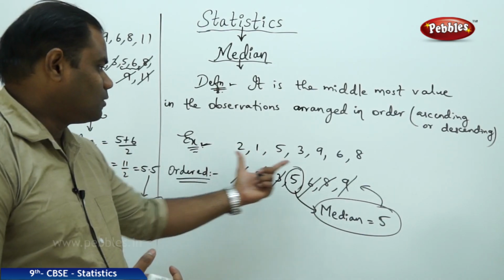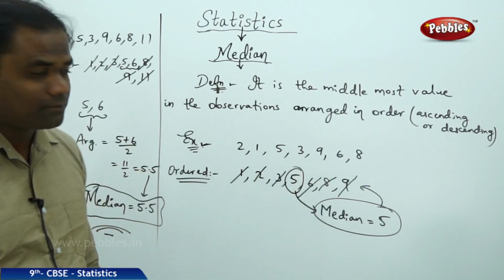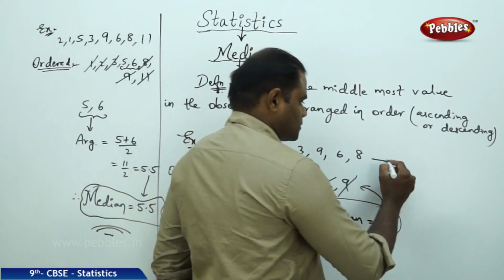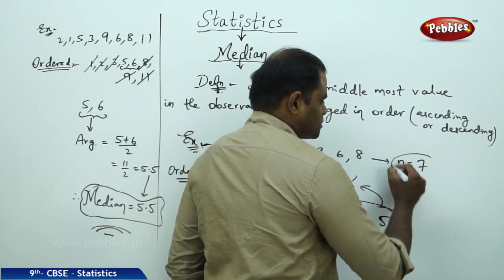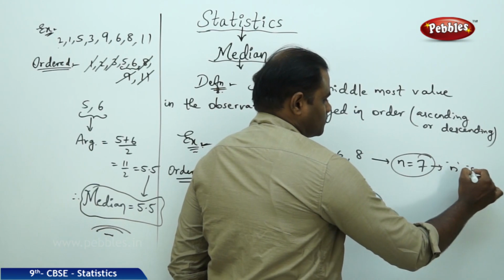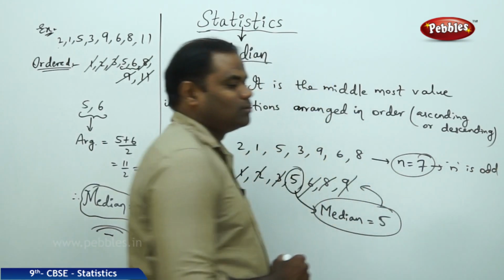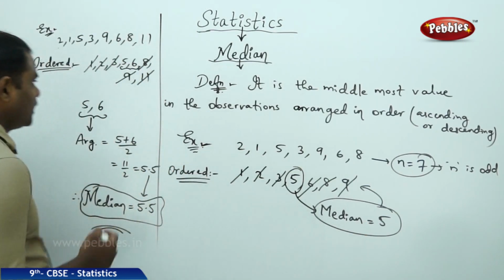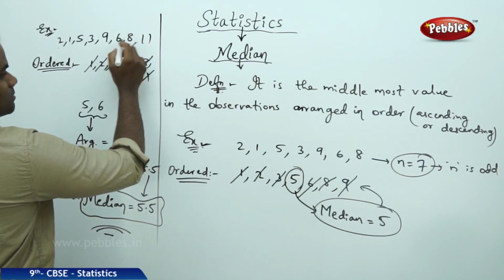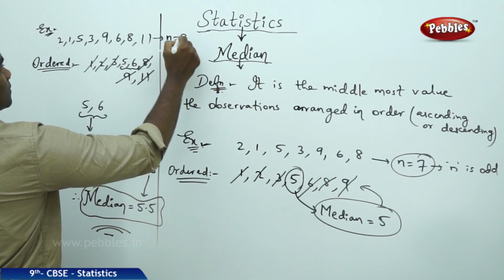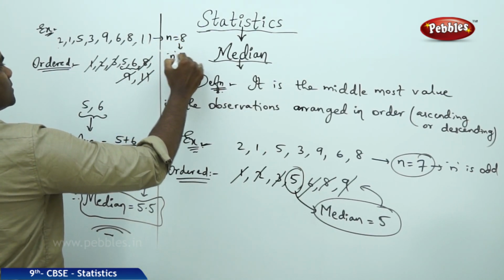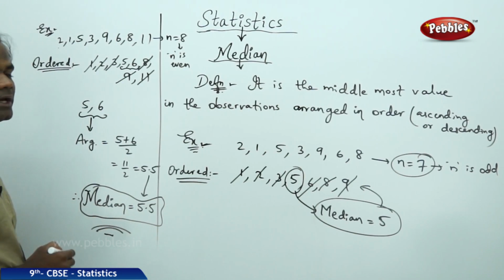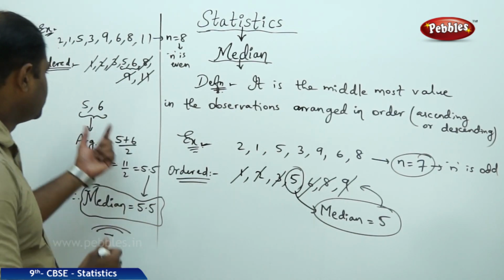So the learning outcome out here is that if you have 7 observations, this being odd, you get the median value directly. But if you have 8 observations, n is even, then we have 2 observations tied up.